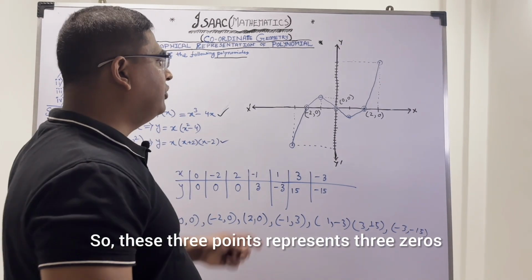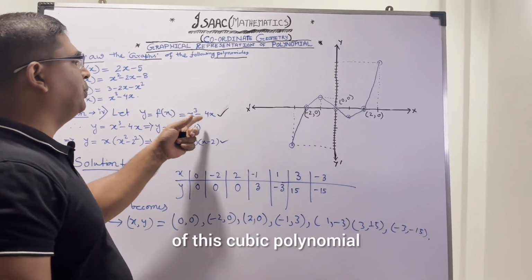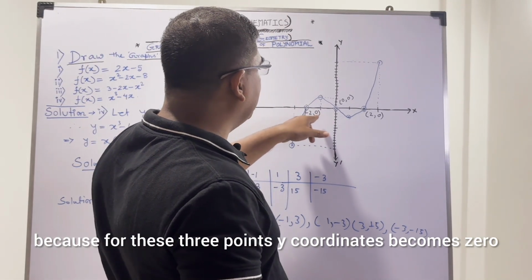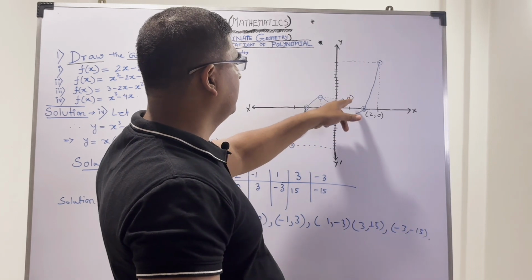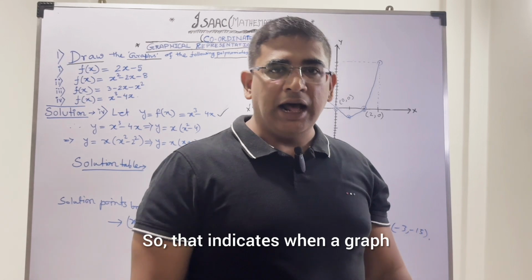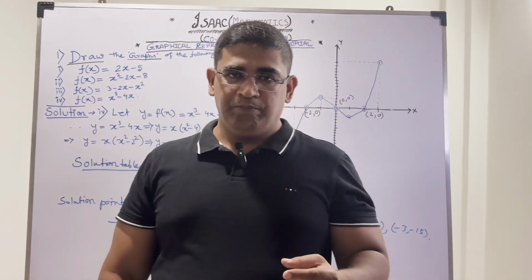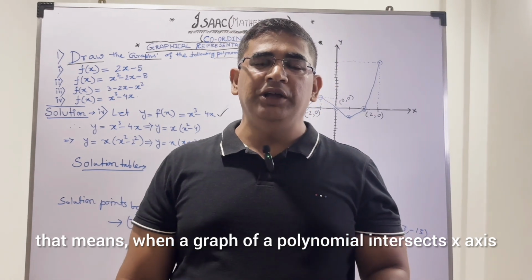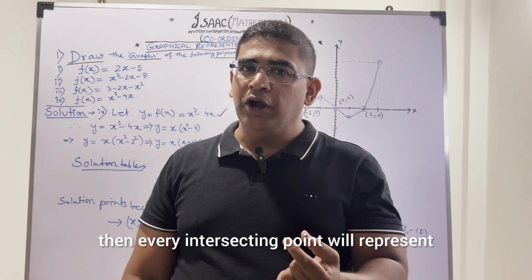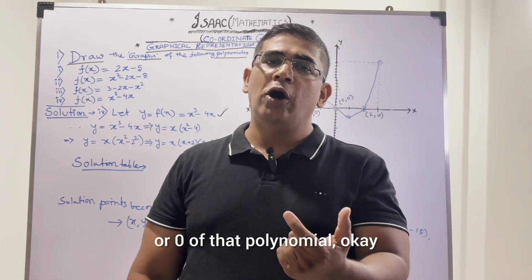So these 3 points represent 3 zeros of this cubic polynomial, because for these 3 points the y coordinates become 0. So that indicates when a graph of a polynomial intersects the x-axis, every intersecting point will represent the solution points or zero of that polynomial.